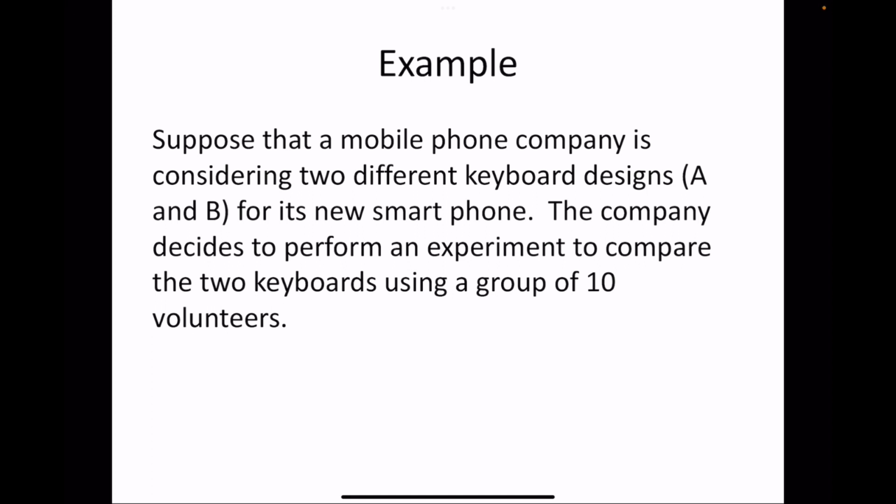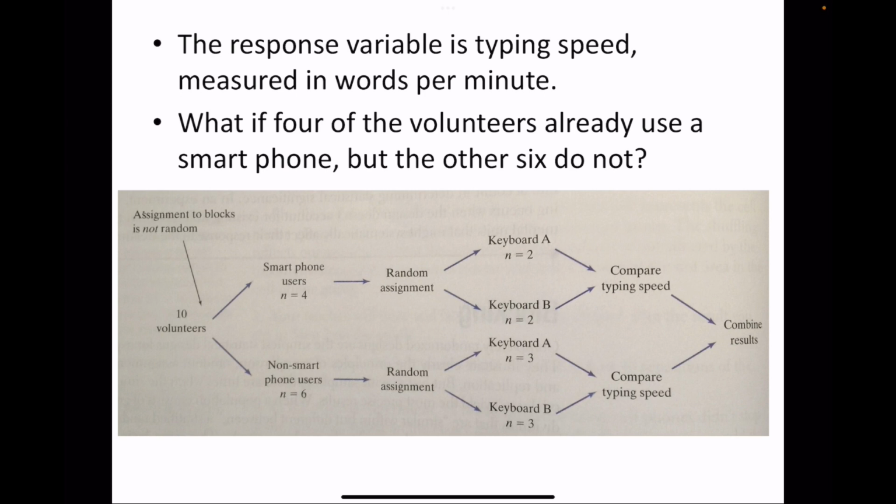But anyway, let's suppose that a mobile phone company is testing keyboard designs. And so what they might want to do is test it on a group of volunteers, but the volunteers may have something in common. Some may be used to texting with similar keyboards and some not. So here's the idea. We're going to randomly assign, but do you notice that the blocking is not random?